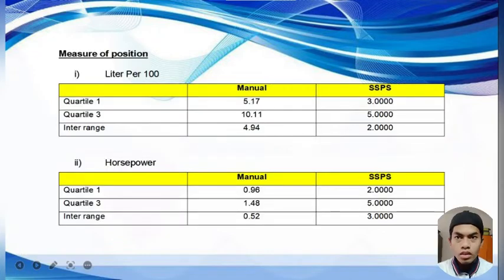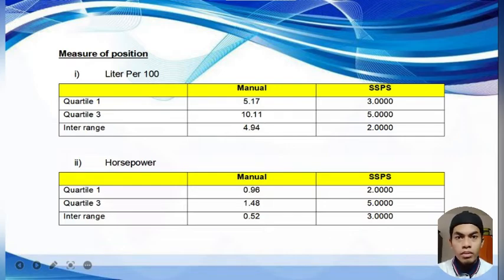Measure of position. There are 3 methods for measure of position, which are quartile 1, quartile 3 and interquartile range. Firstly, for liter per 100, quartile 1 manual is 5.17, for SPSS is 3.0. Next is quartile 3, for manual is 10.11, for SPSS is 5.0.